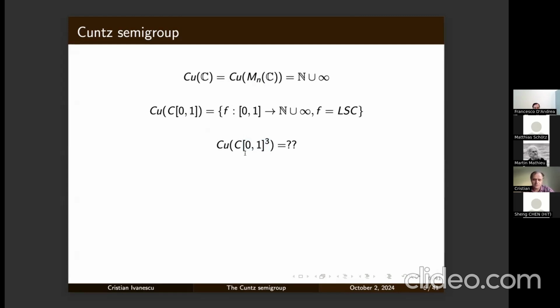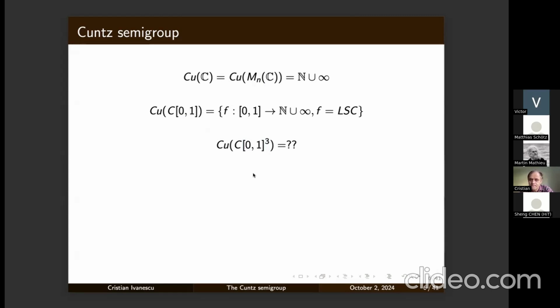So what we notice here is that the Cuntz semigroup is actually picking up a lot of details. The K-theory of the continuous functions on the cube is the same as the K-theory of the continuous functions on the interval. Both of them are Z. So K0 does not pick up the dimension. However, for the Cuntz semigroup, already in this case, we don't know what it is. That's probably one disadvantage. But, yeah, question.